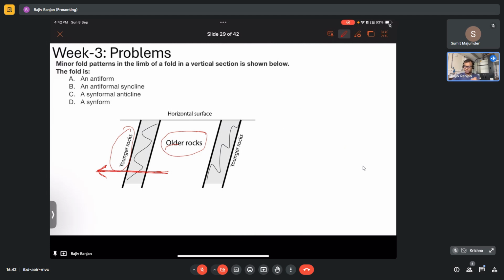This much you understand, right? Minor fold patterns are in the limbs, and the vertical section is shown. So you can see here.